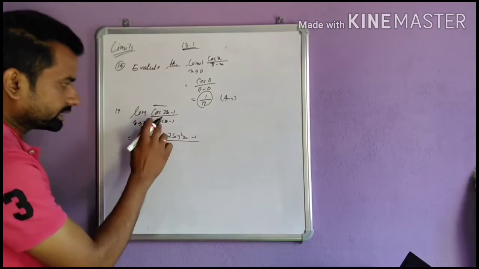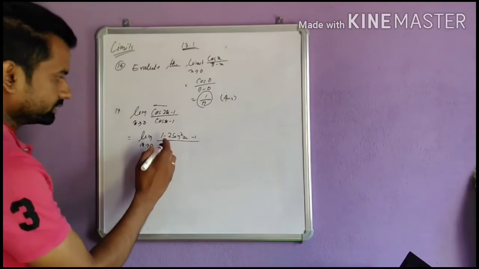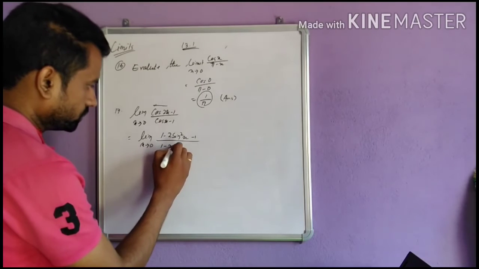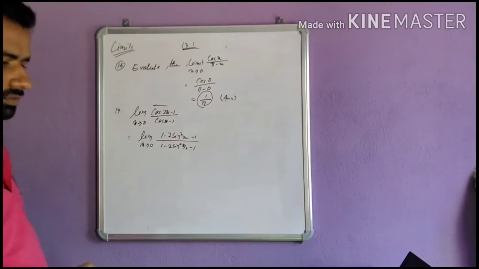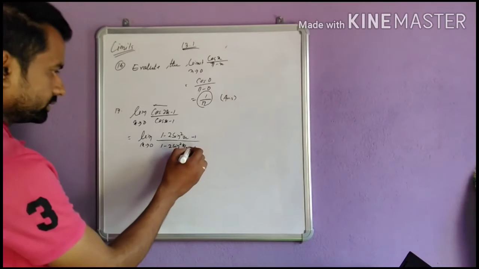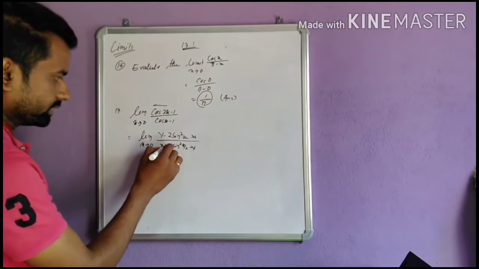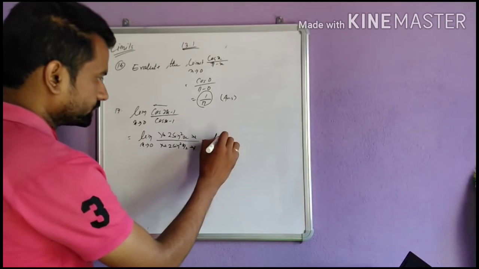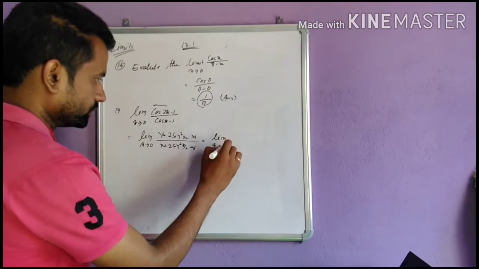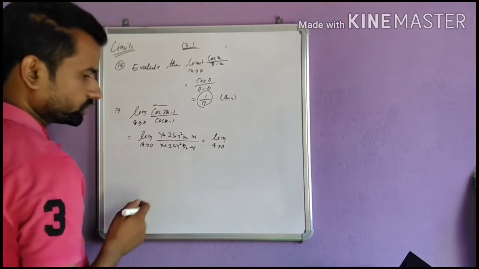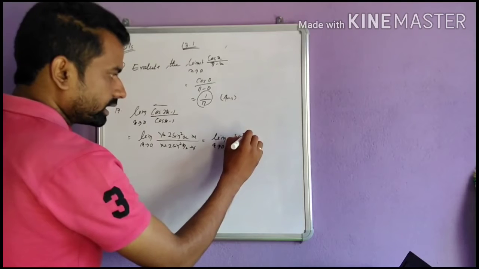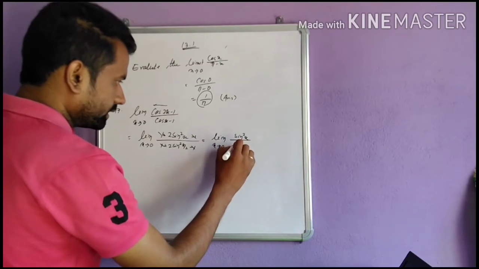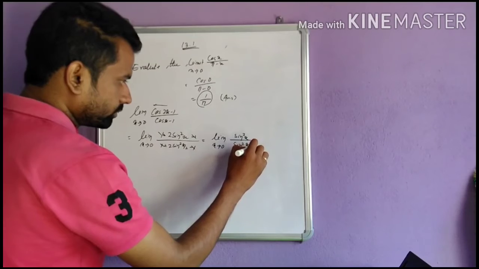In the denominator, 1 minus 2 sin square x by 2 minus 1. Then this cancels, minus 1 and minus 1 also cancel, the 2 also cancels, and only sin square x by 2 is left.